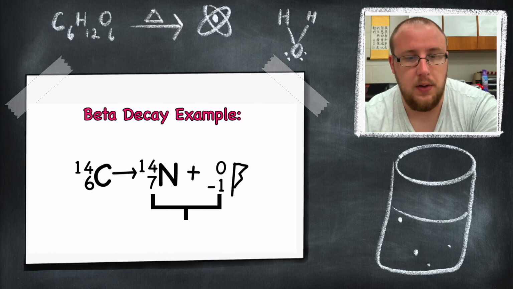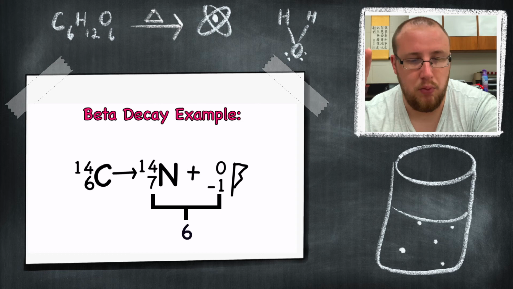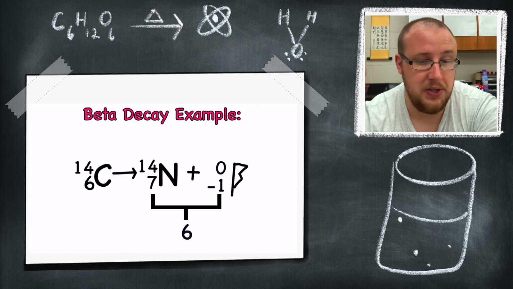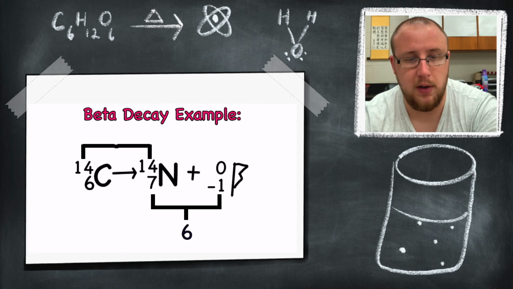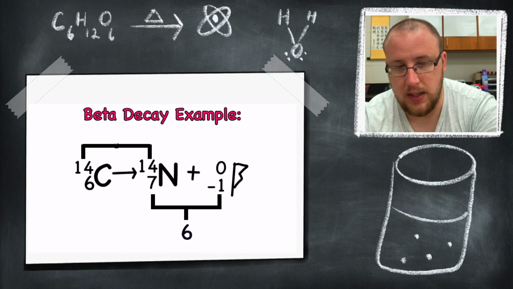Well, notice on our beta particle, okay, it is a -1. And on our right side of the equation and on our left side, our masses are going to equal and our protons are going to equal. So if we add our atomic masses up, we got 14 on both sides.